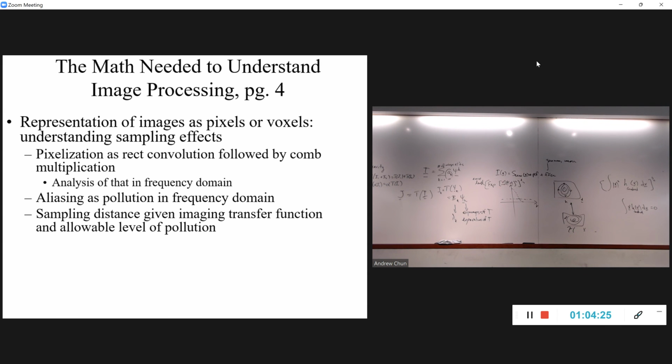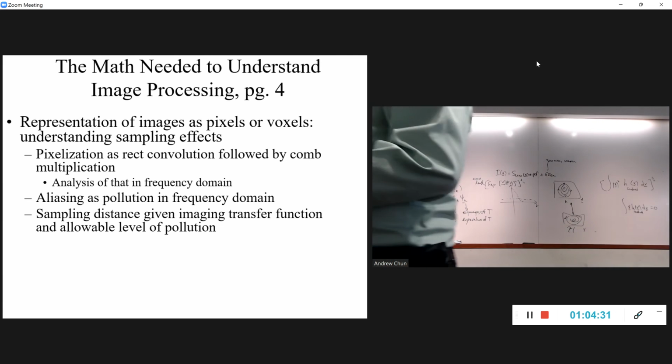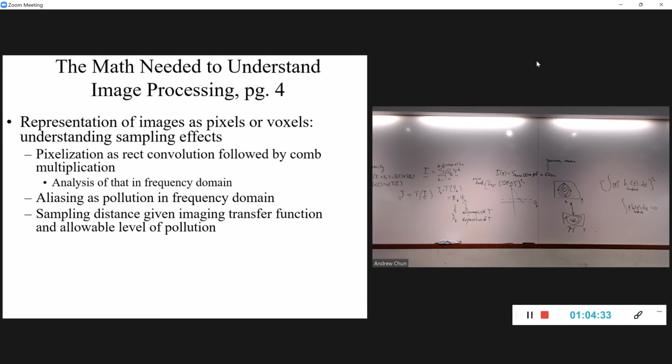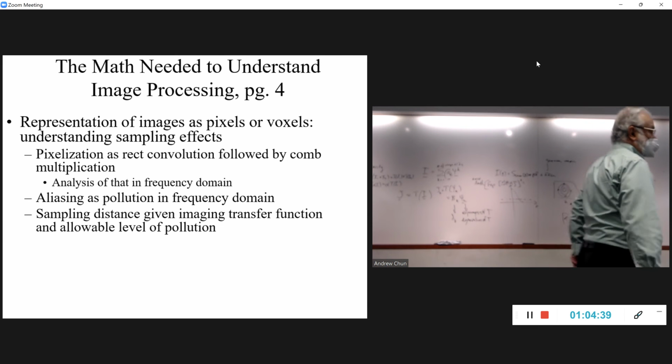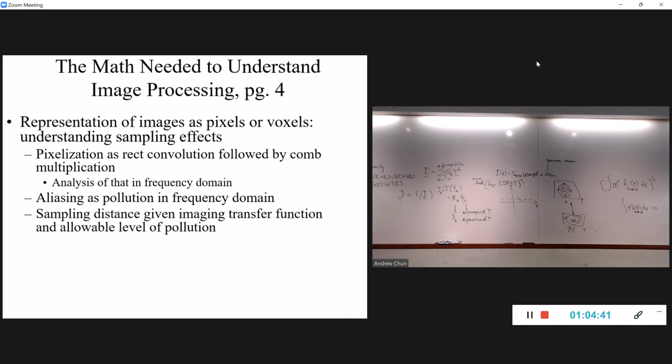Okay, we then went on to talk about pixelization. When you had a continuous image and you wanted to know how to represent it in terms of pixels, it was important to realize that basically what's going on is averaging over every pixel region, if you will, the area represented at its center by the pixel value, but averaged over the pixel area or volume in 3D.